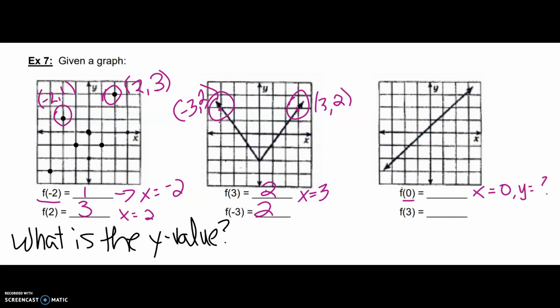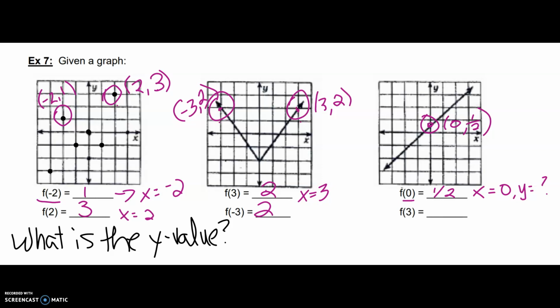So when x is 0, we have a point right here. And that is about halfway up. So we'll say that when x is 0, y is 1/2. That's where our point falls on this graph.